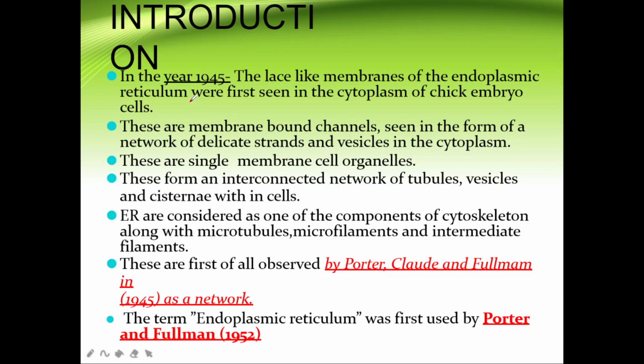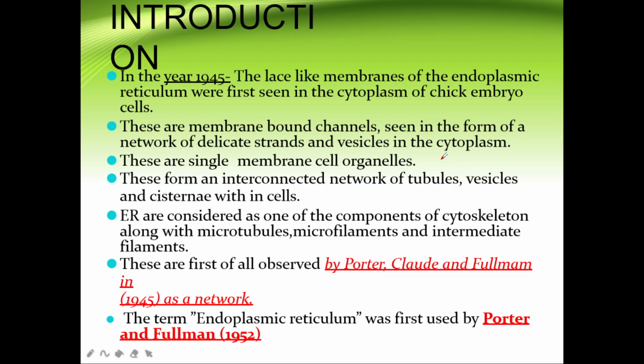So, first, introduction of endoplasmic reticulum. In the year 1945, the lace-like membranes of the endoplasmic reticulum were first seen in the cytoplasm of chick embryo cells. These are membrane-bound channels seen in the form of a network of delicate strands and vesicles in the cytoplasm.